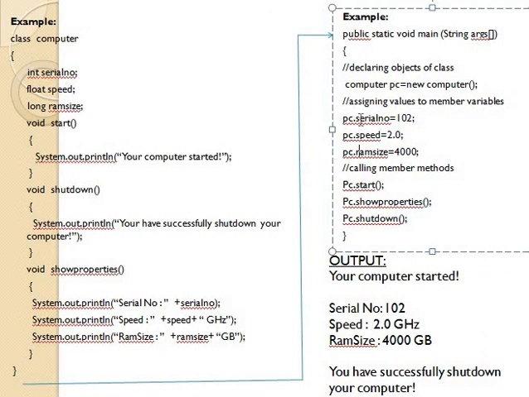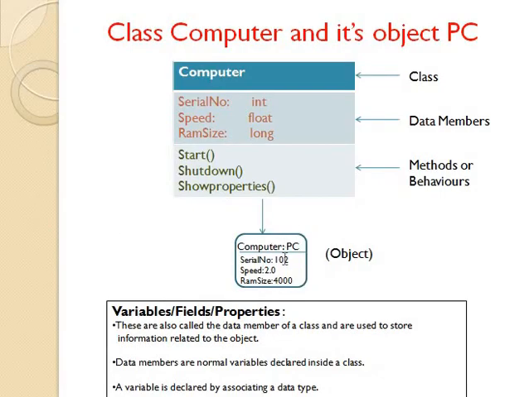Now once these values for data members get assigned, the next part is you have to call these member methods. As I already explained, the objects interact with this class through these member methods after setting the initial values for the data members.